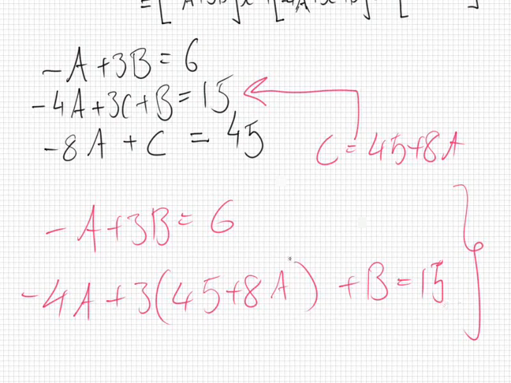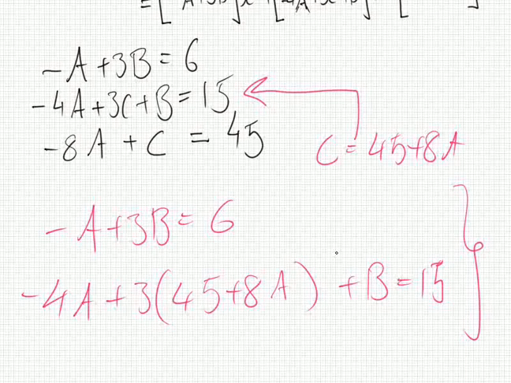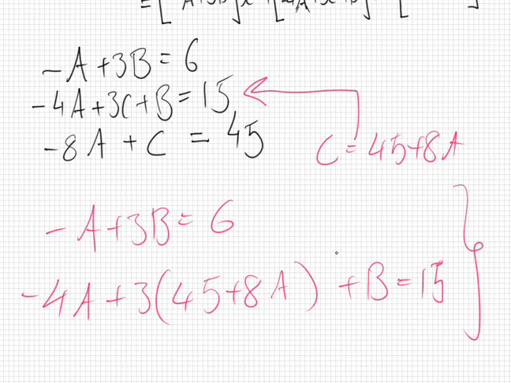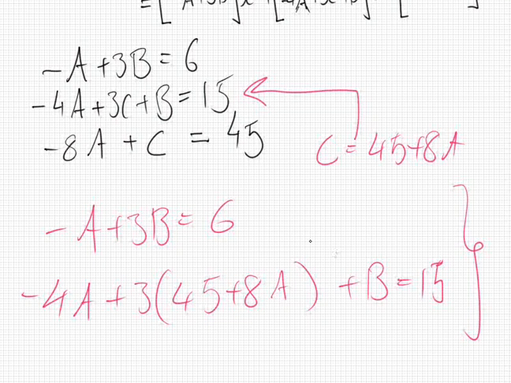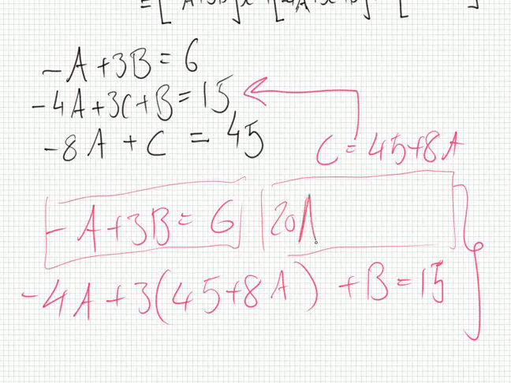To clean it up, how many a's do I have? Well, 8 times 3 is 24. You see here? 24a. 24a minus 4a? 20a. So that's going to be actually here. I'll write it above it here. That's the first equation. Then the second one. 20a.